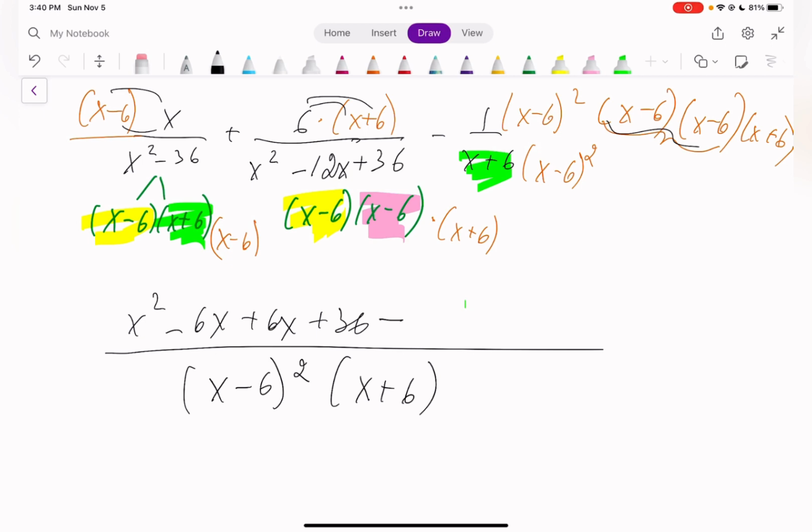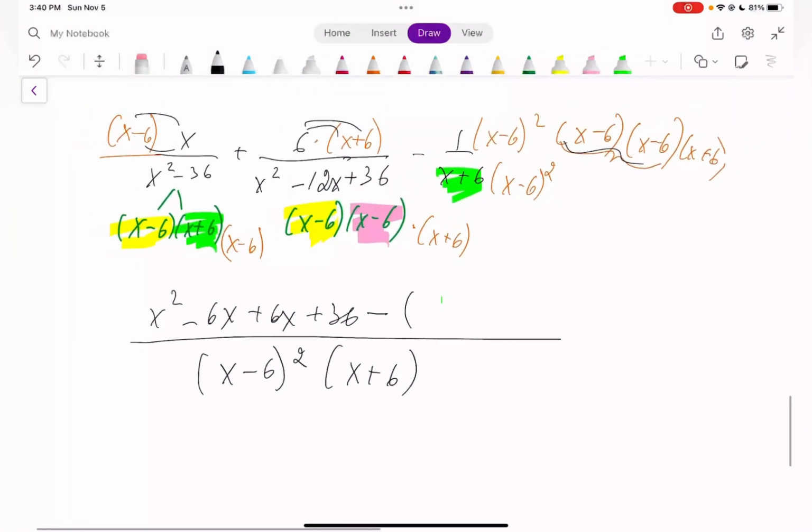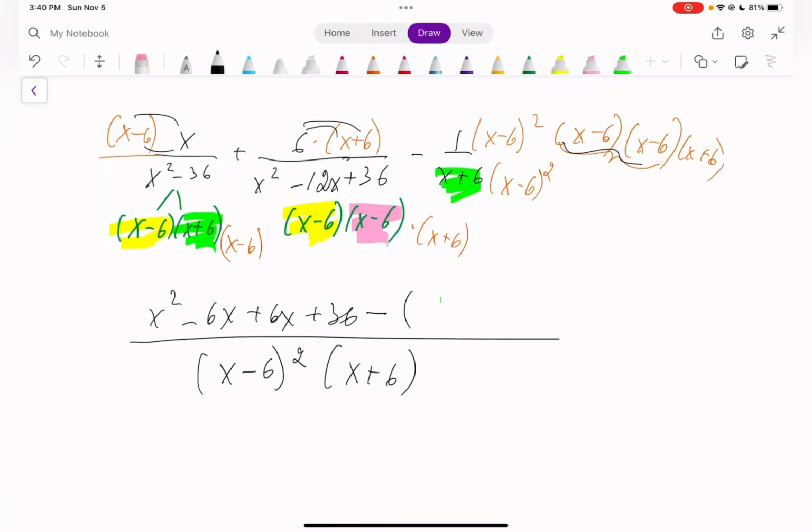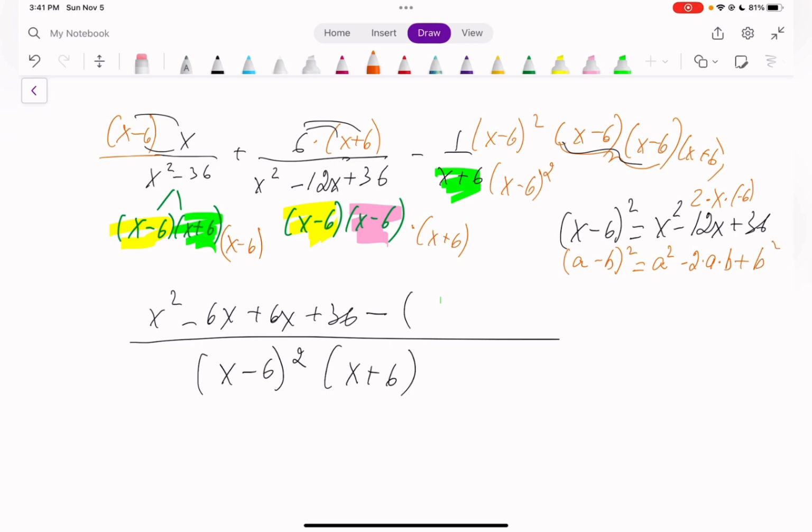Since I have minus, I'm taking it in parentheses, so I can flip the sign later. x minus 6 squared is equal to x squared minus 12x plus 36. I did that based on a minus b squared, which is equal to a squared minus 2ab plus b squared. a is x and b is negative 6, right? Negative 12x, and plus b squared, which is 6 squared, 36.